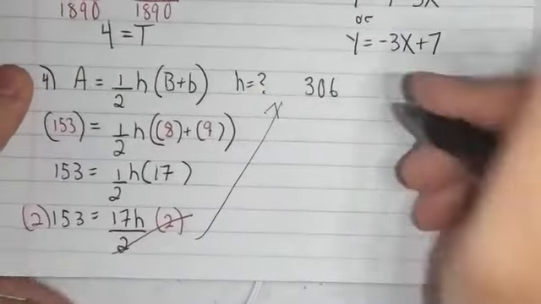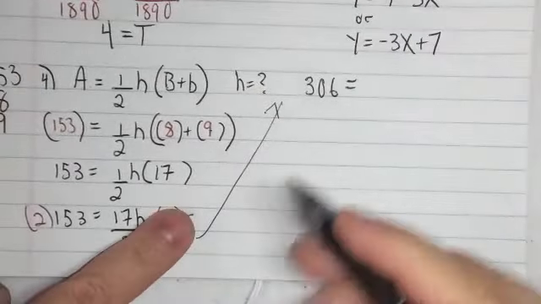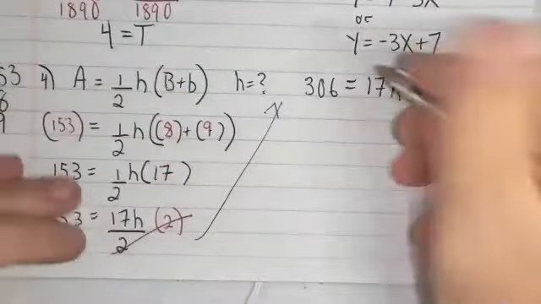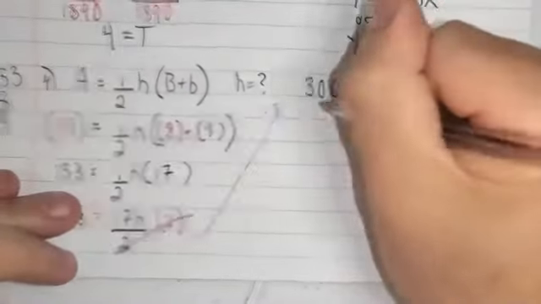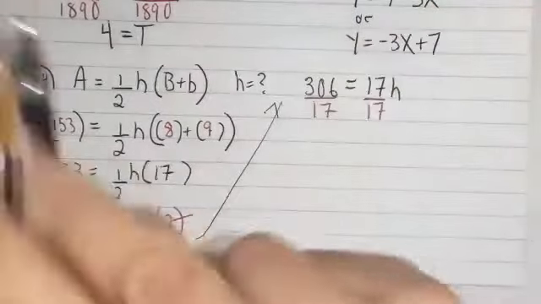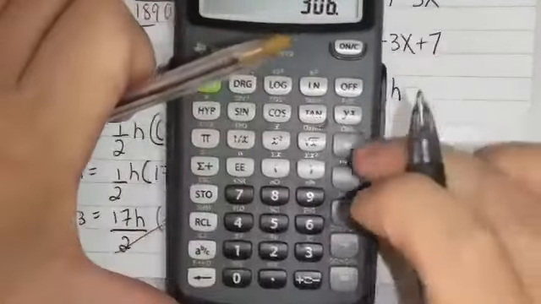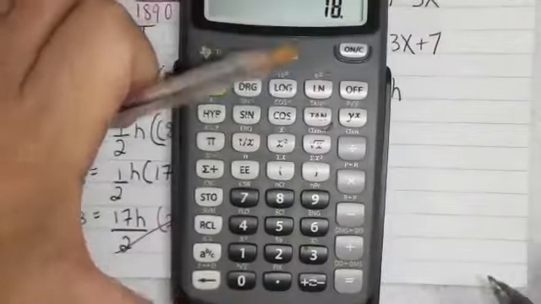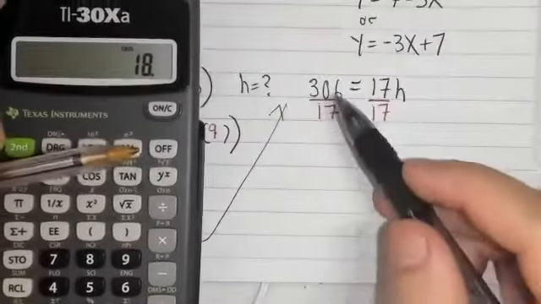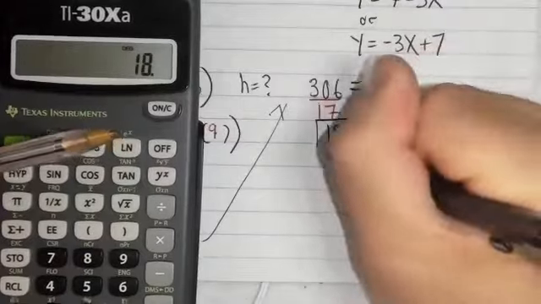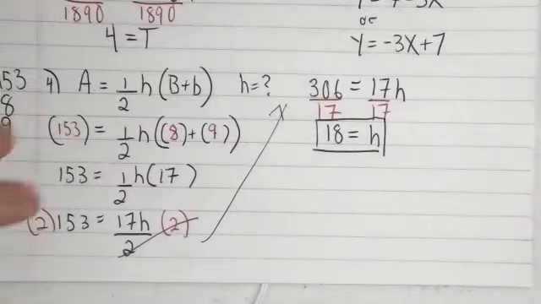I get 306 on that side. Here, the 2's cancel out, so I'm left with 17h. And then my last step is just to divide both sides by 17. I think all of these come out to pretty nice answers. So when I do 306 divided by 17, I get h equals 18.